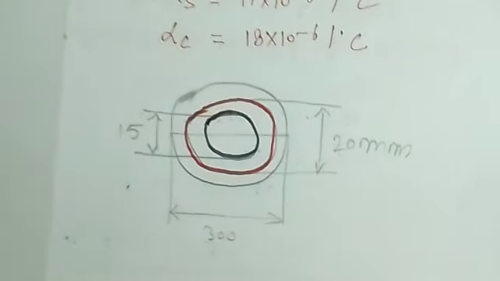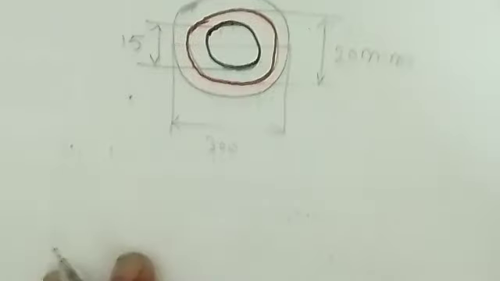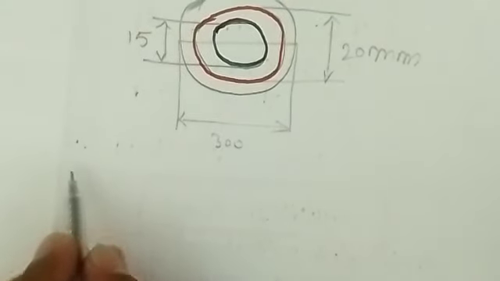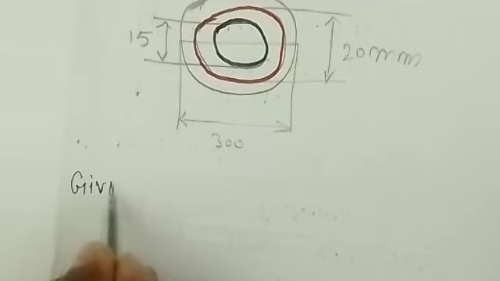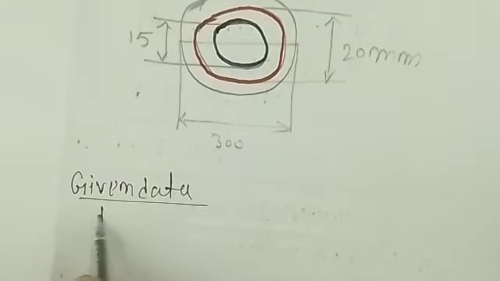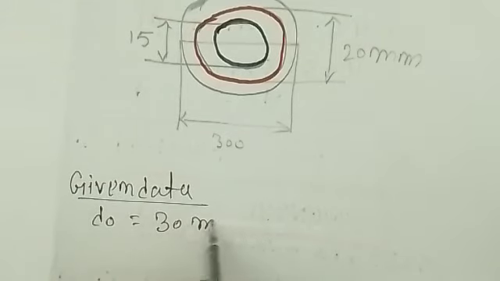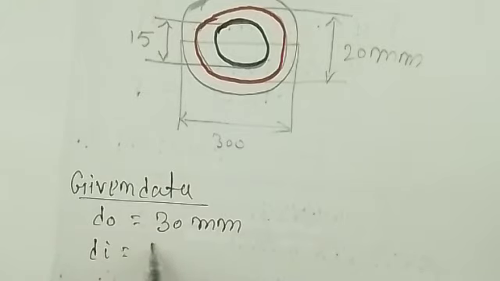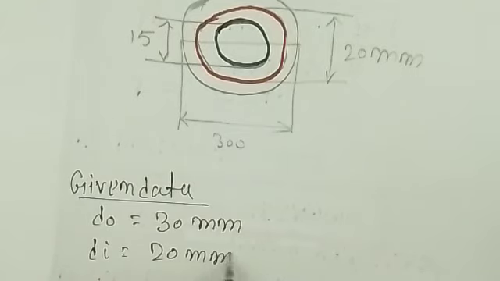So now you can write down the given data. That is D naught is equal to 30 millimeter, right, DI is equal to 20 millimeter, right.